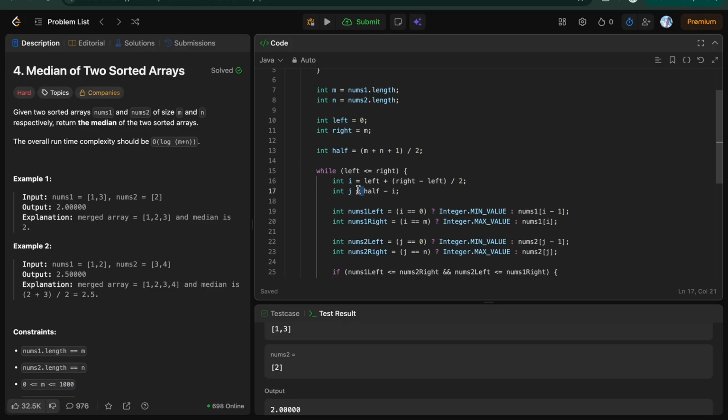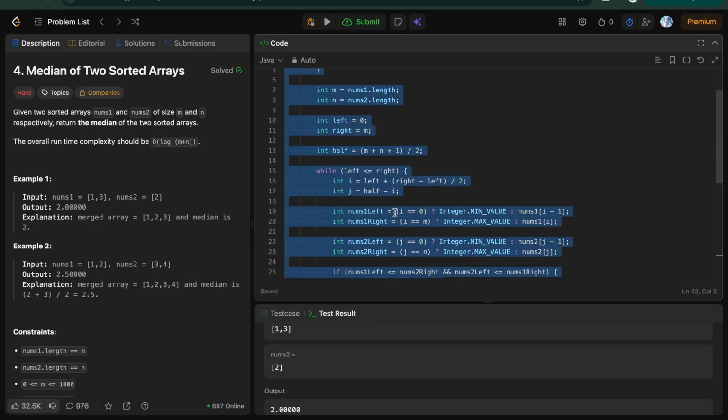Now here, j is the partition position in nums2. So if the left side needs half the total elements, and we already took i from nums1, then we need half minus i from nums2.